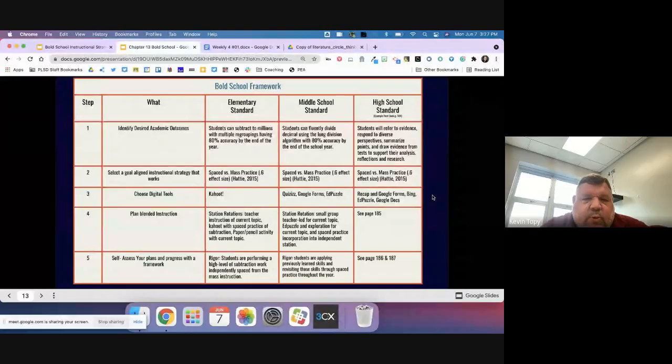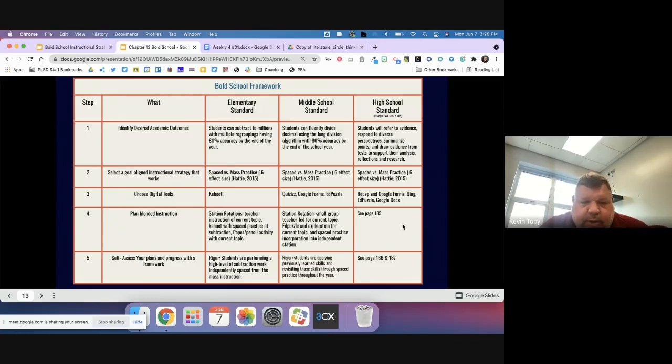And then for the Bold School framework, the elementary example was subtracting to millions with multiple regroupings with 80% accuracy again. The goal obviously is the spaced versus mass practice. A digital tool you could use is Kahoot during a station rotation. So you might have your teacher instruction on a current topic, the Kahoot with the practice of subtraction that you've previously taught, and then maybe a pencil paper activity with the current topic.